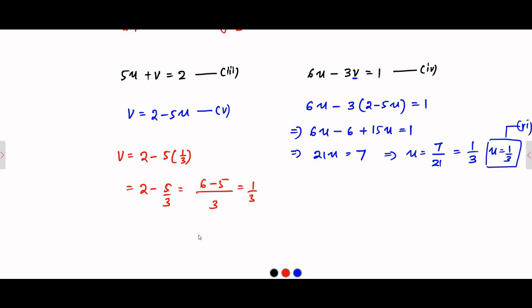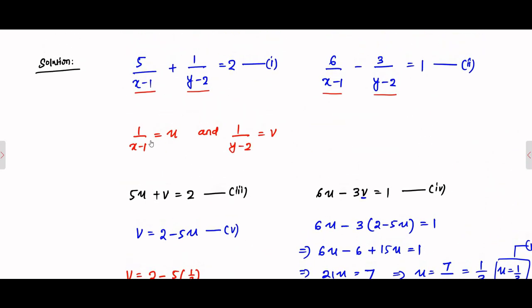So v is also equal to 1 by 3. This is equation 7. So we have got u is equal to 1 by 3 and v is equal to 1 by 3. Now the original substitutions that we made: what is u? What is v? u is 1 by x minus 1, v is equal to 1 by y minus 2.